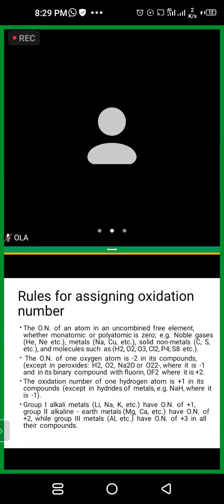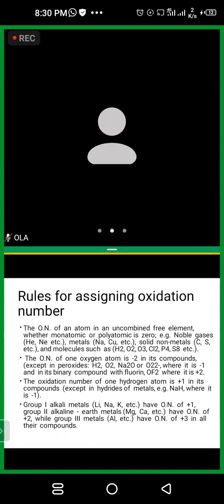Now, the next rule is: Group 1, which are alkali metals, have an oxidation number of +1. Group 2 have +2. Group 3 have +3 in all their compounds. When we check our periodic table, the first elements down, we have lithium, sodium, potassium. All of them have +1 in their compound state.